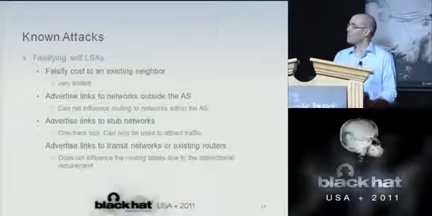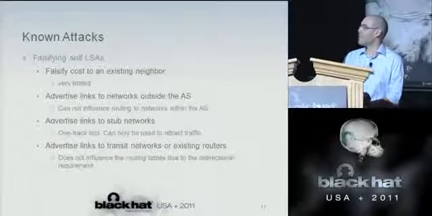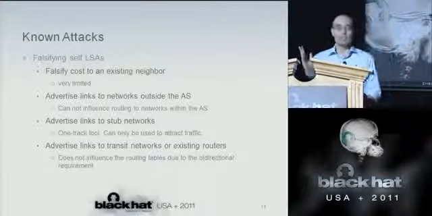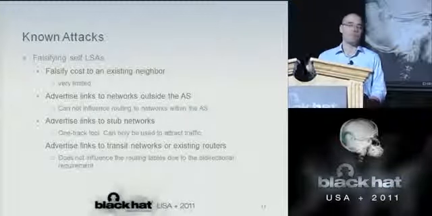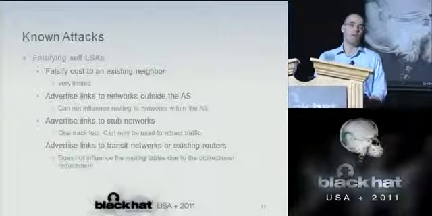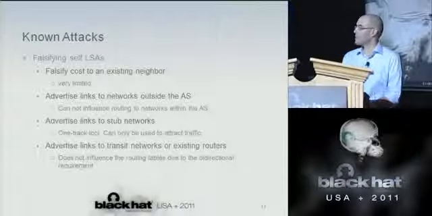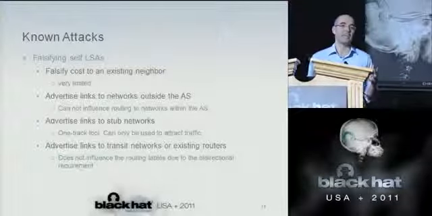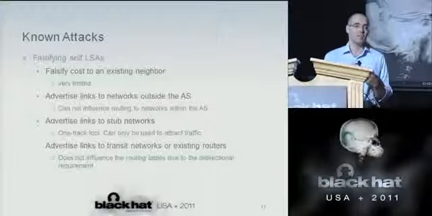The two other variants of this class of attack are to advertise non-existing links to networks outside the autonomous system, or to stub networks inside the autonomous system. A stub network is a network with only one router connected to it. So no fightback can occur here. So these two variants are actually one-track tools, meaning they are excellent if the attacker wants to attract traffic to it.